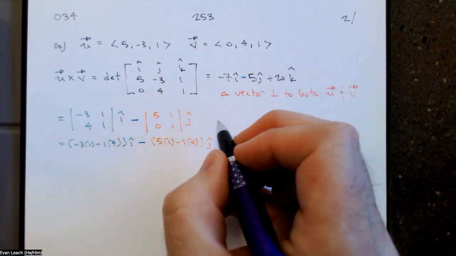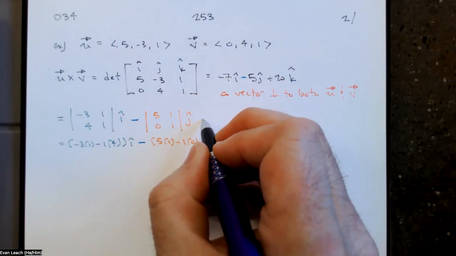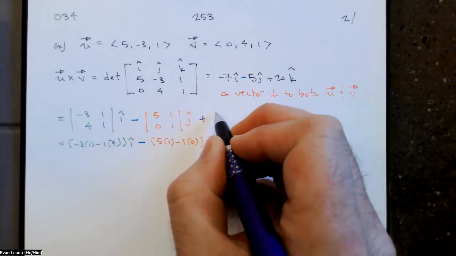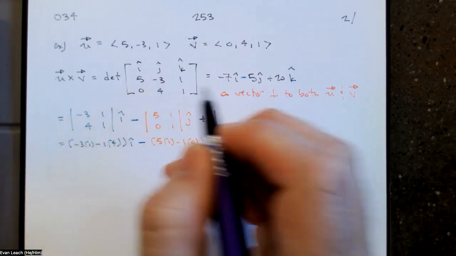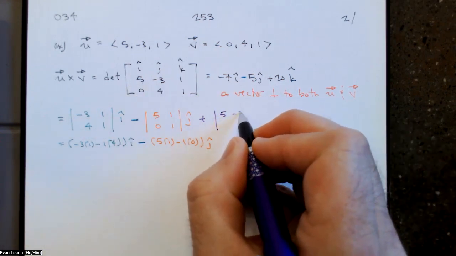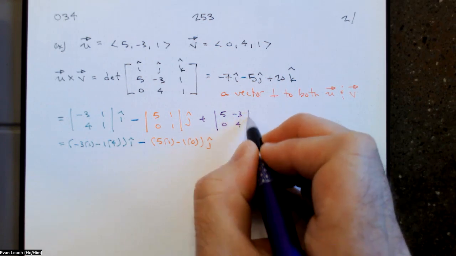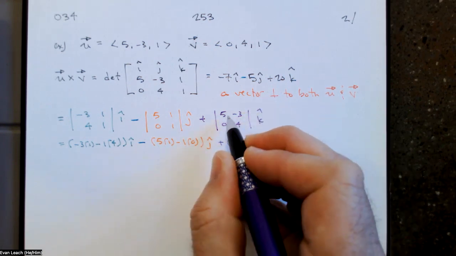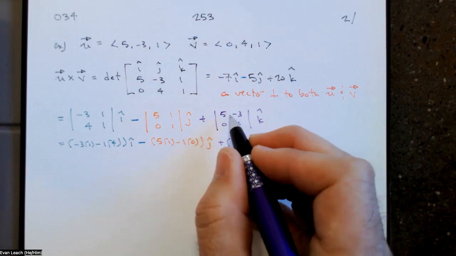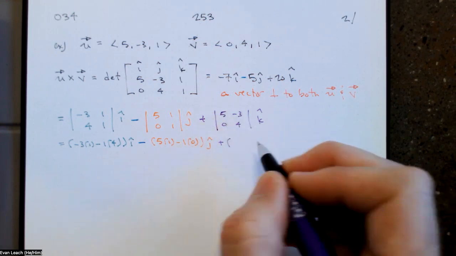And then finally for the K term, we'll take out the K column and have 5, negative 3, 0, 4. And the determinant of the 2 by 2 will be 5 times 4 minus negative 3 times 0.